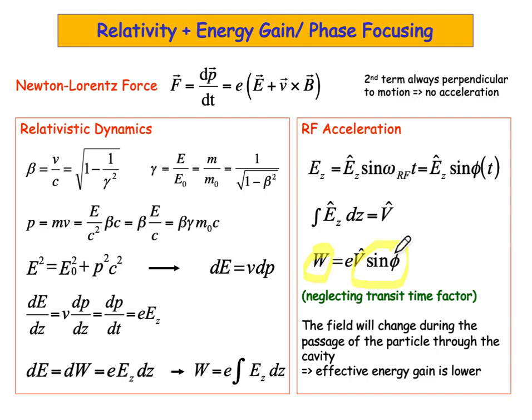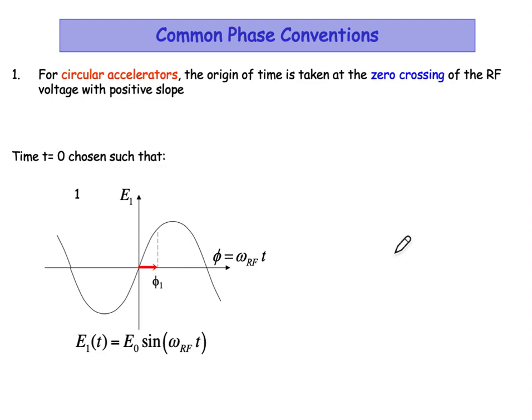To focus the phase as the particle goes from one electrode to another electrode, the common phase conventions are as follows. For circular accelerators, the origin of time is taken at the zero crossing, like here.